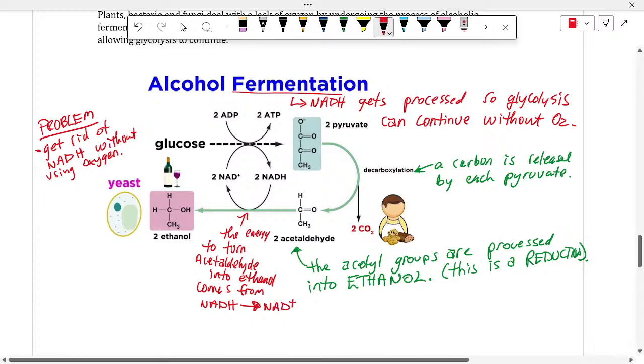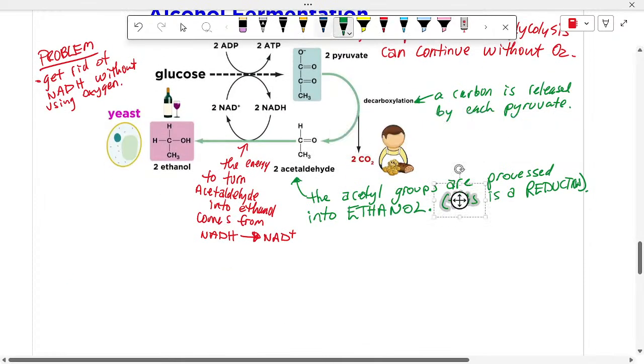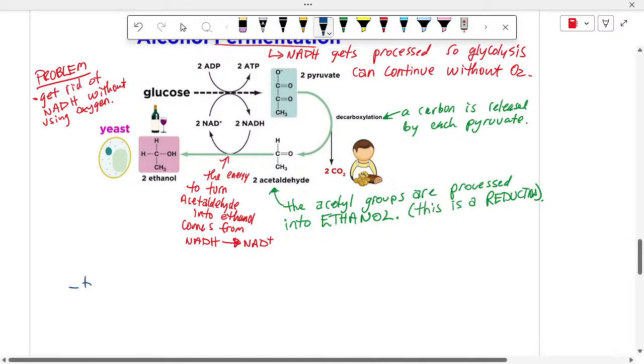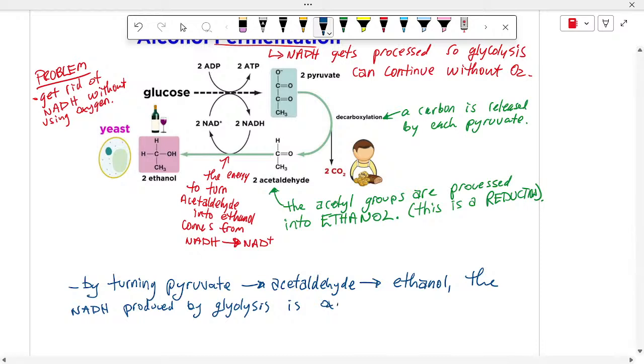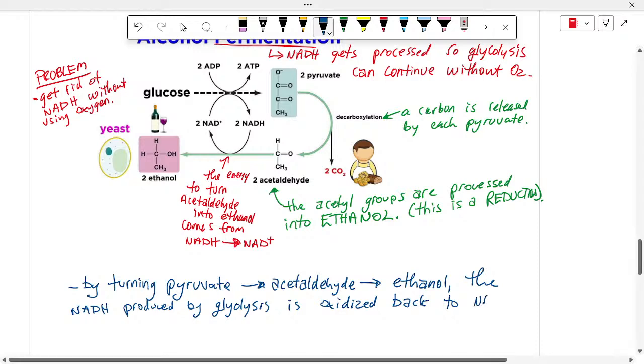So the upshot of this is that by turning pyruvate into acetaldehyde into ethanol, the NADH produced by glycolysis is oxidized back down to NAD+.